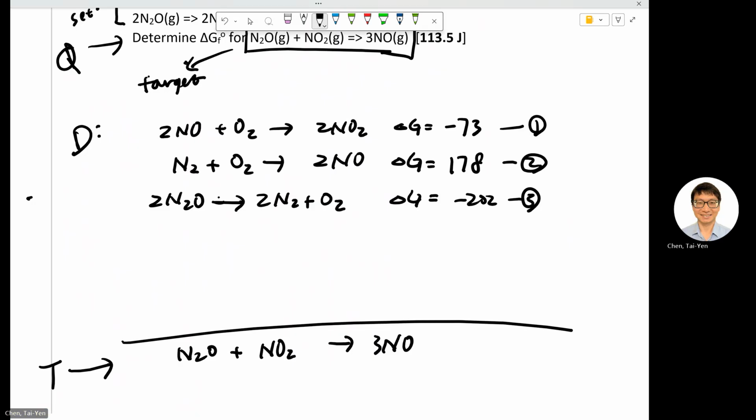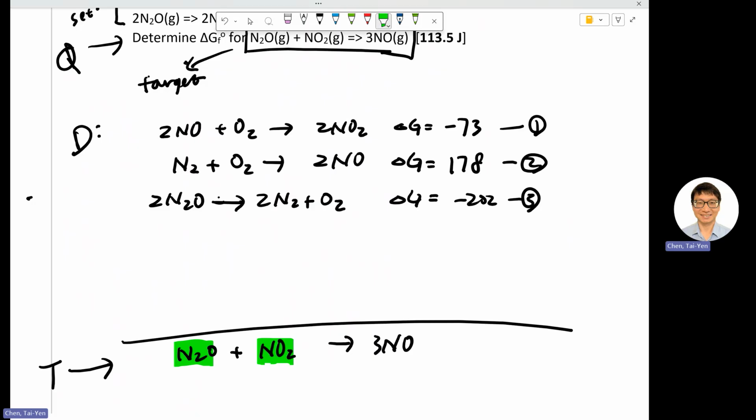How many reactants do you have? Two, right? Which two? N2O and NO2. When you rearrange the equations in your equation set, N2O and NO2 should be present on the reactant side. That's something that you must do. So let's start from this.